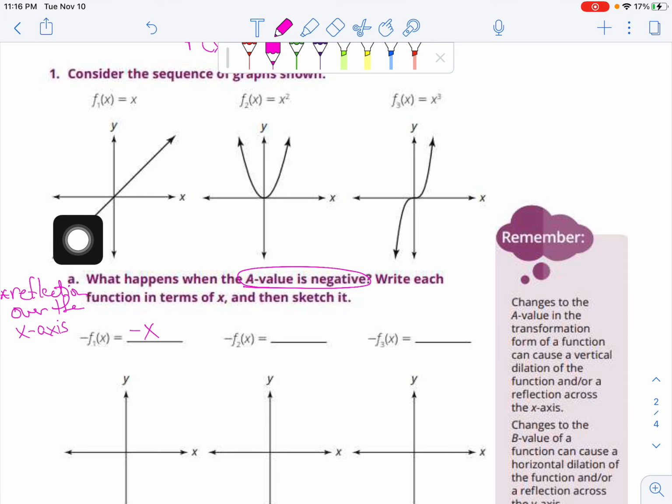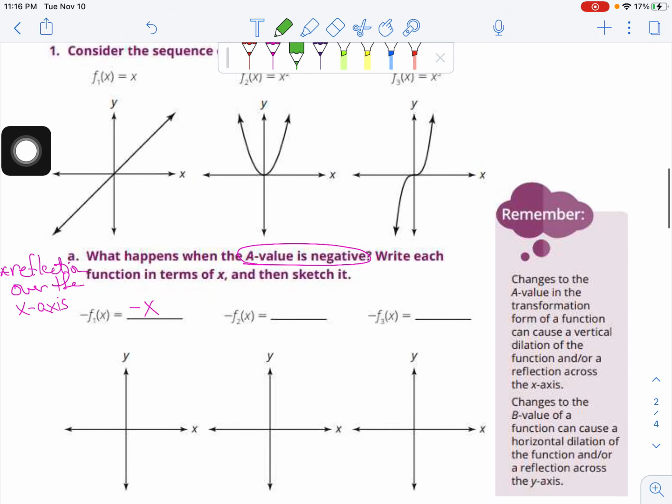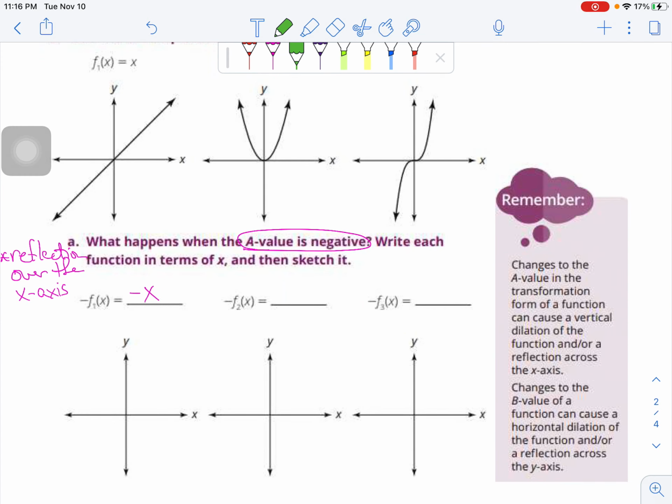So this piece that's down here in the lower left is going to move to the upper left, and this piece in the upper right here is going to move to the lower right. So what that would look like is something like that. Okay, my line's not perfectly straight, but you get the idea.